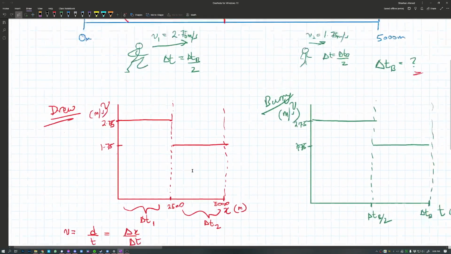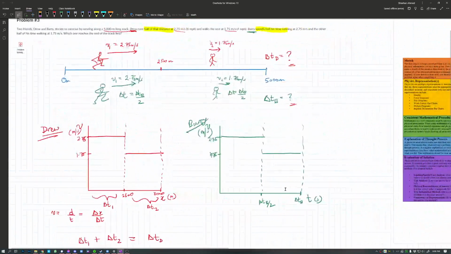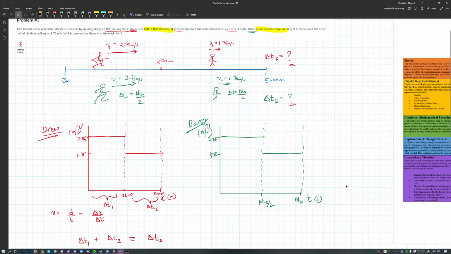So I feel like I missed out a little bit on that. I should give a little bit of an explanation over here. Drew's speed changes with distance. Therefore, I am drawing a velocity versus distance graph.